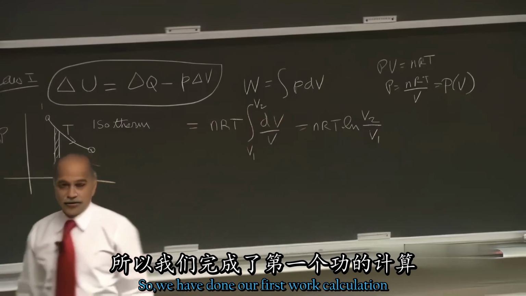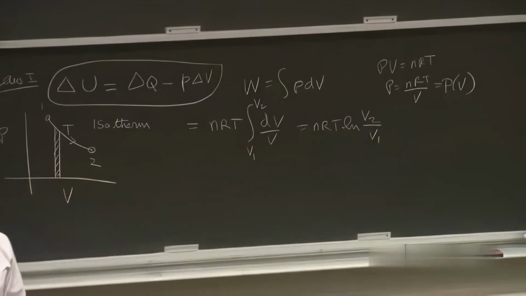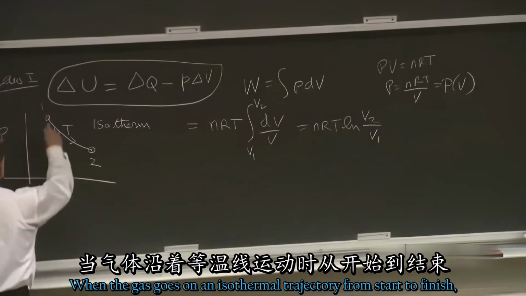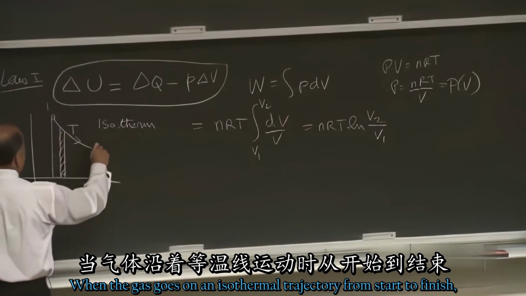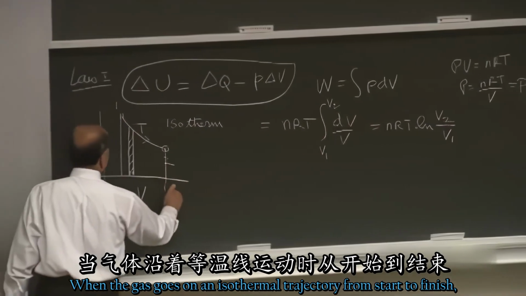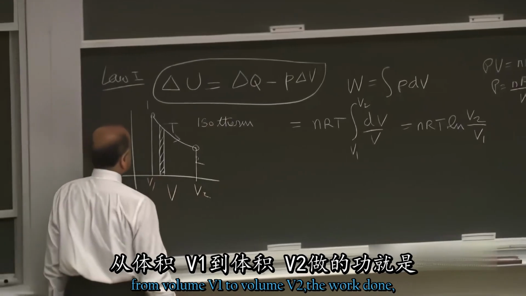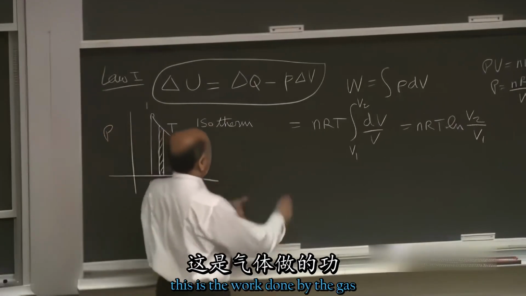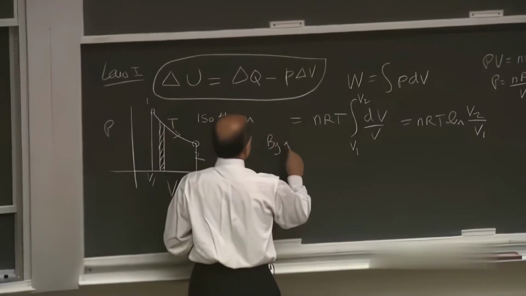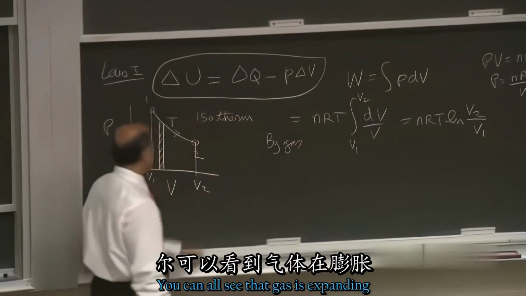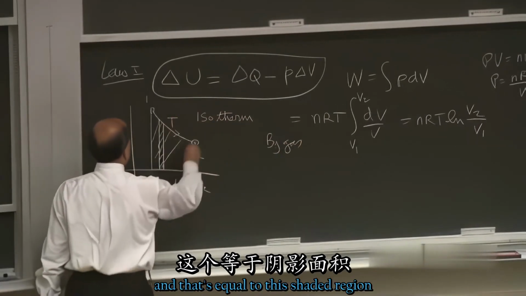So we have done our first work calculation. When the gas goes on an isothermal trajectory from start to finish, from volume V1 to volume V2, the work done, this is the work done by the gas. You can all see that. The gas is expanding. And that's equal to this shaded region.